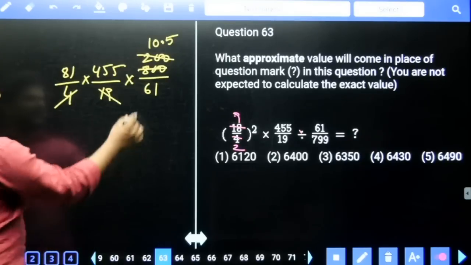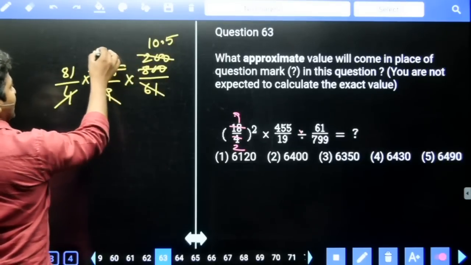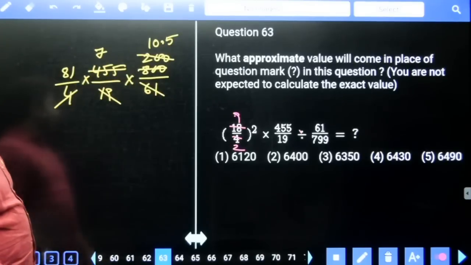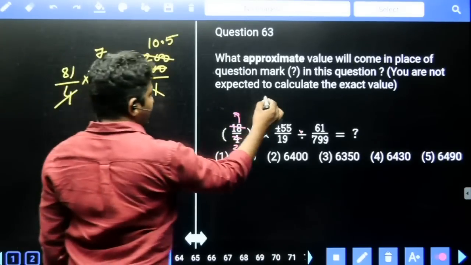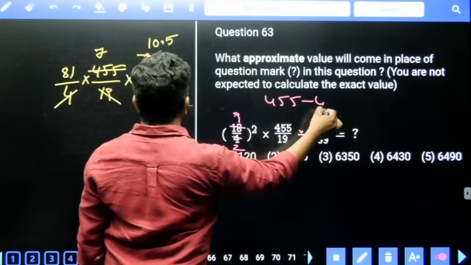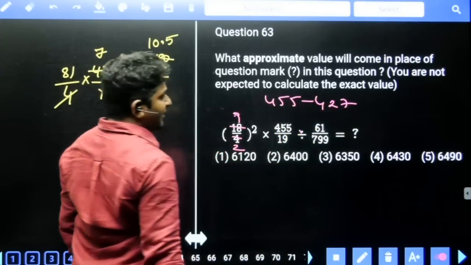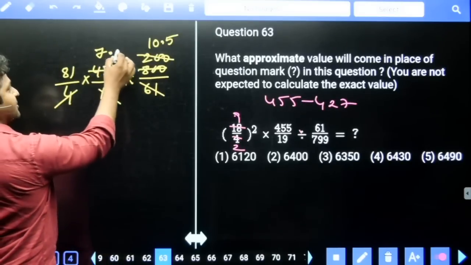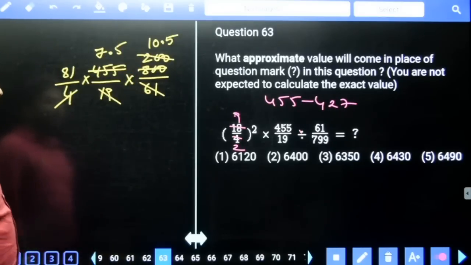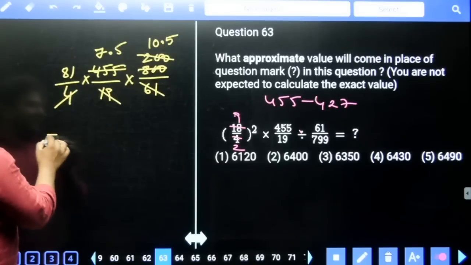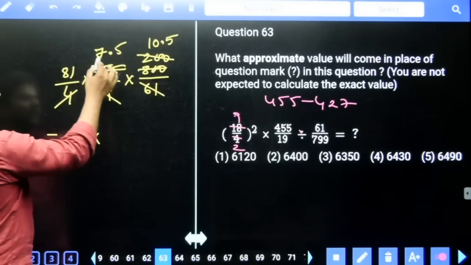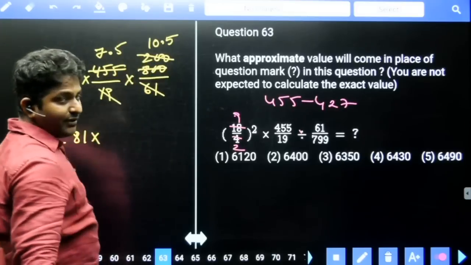Now that's it. 61 7 times 427. From 455, if you subtract 427, remaining we have 28. 28 also can be written as approximate 0.5 times. Now that's it, and we have 81 into, treat this number as 75 into 105.